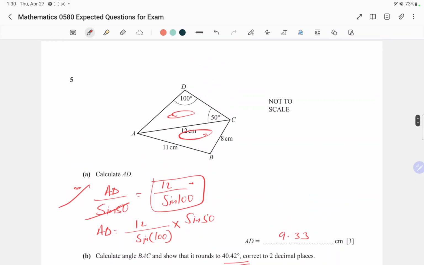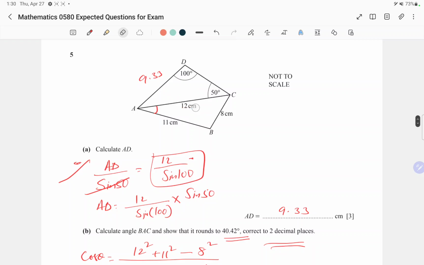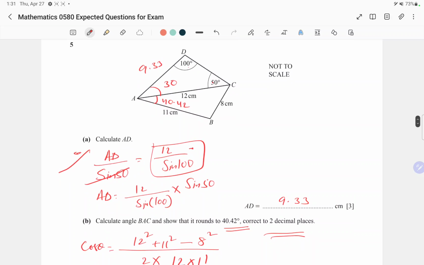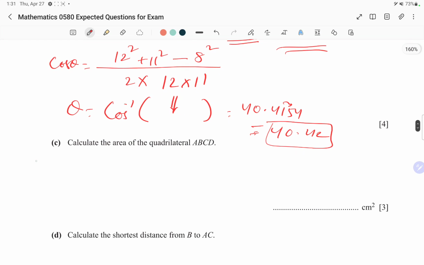AD length we already found, which is 9.33, and this angle we also found, 40.42. This angle is 100 plus 50, so it's 150, it should be 30. Okay, the area of triangle ABC first I would like to find.